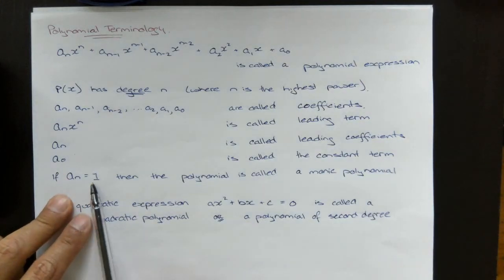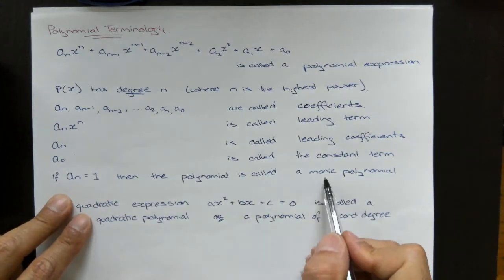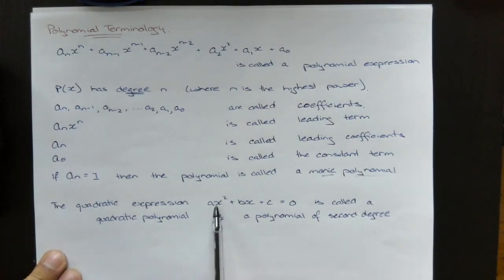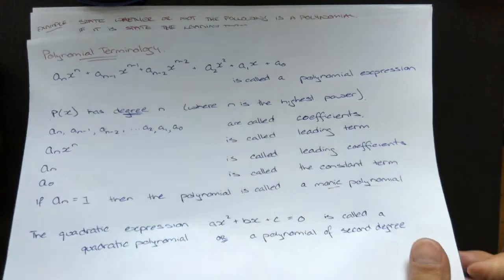So if a_n equals 1, then the polynomial is called monic. That's very similar to what we already know. So the quadratic expression ax squared plus bx plus c equaling 0, that's called a quadratic polynomial, a polynomial of second degree, because there's your degree of 2, and this is quadratic, as we know.